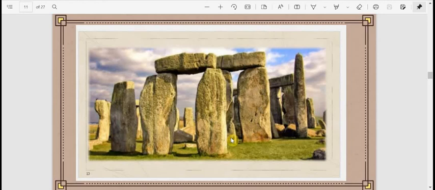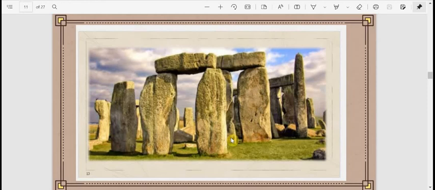It is one of the biggest prehistoric structures constructed, consisting of numerous large stones arranged in a circle. So there is an outer circle and an inner circle. The outer circle consists of stones standing vertically, each with a horizontal lintel stone.